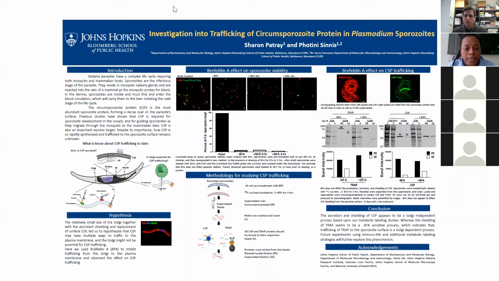And as you can see, we see a band in the minus for TRAP. We see a band with the parasite representing the whole TRAP.